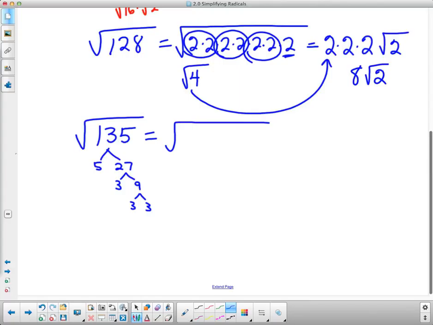If you put the factors in order, it makes it easier to pair them up because the identical numbers are beside each other. So I've got 1, 2, 3 3's and then a 5.